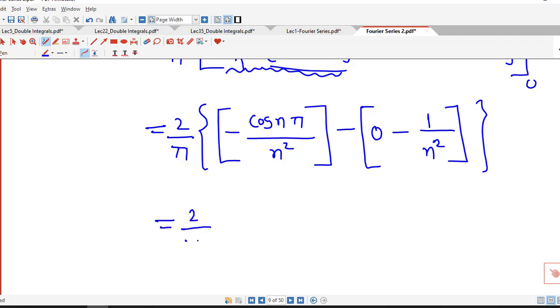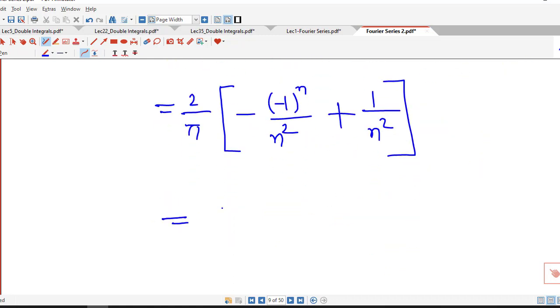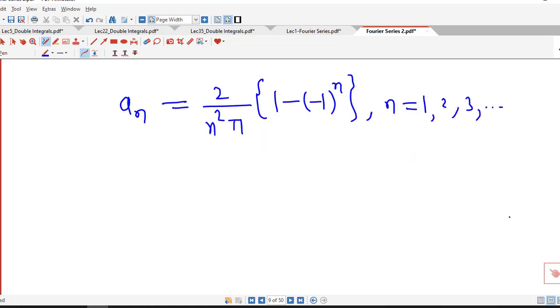So now we simplify all these things. Cos n pi is minus 1 raised to n, so negative negative is positive 1 by n square. So finally we obtain, taking n square common, 1 minus (minus 1) raised to n. So these are the Fourier coefficients an for n equal to 1, 2, 3 and so on.